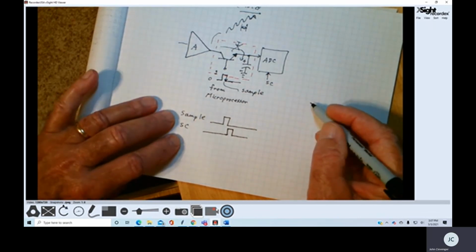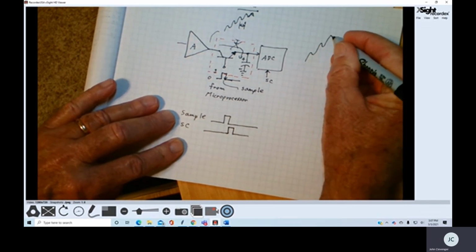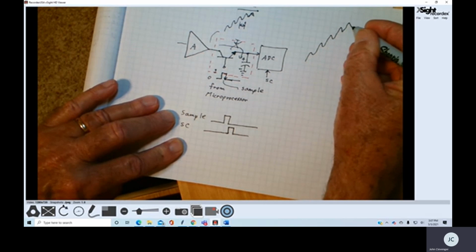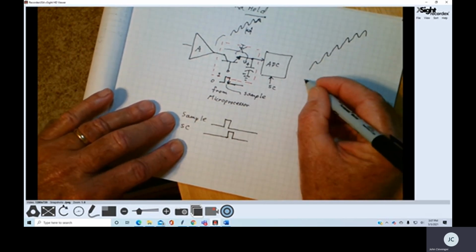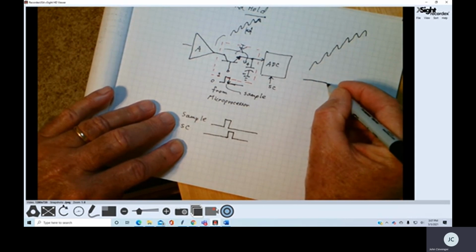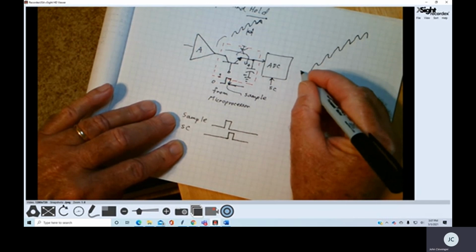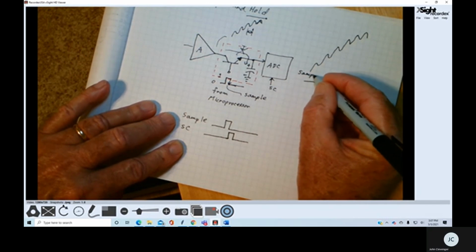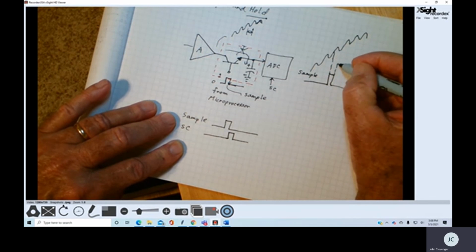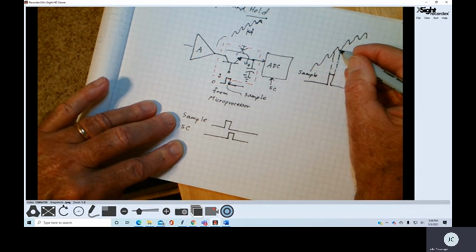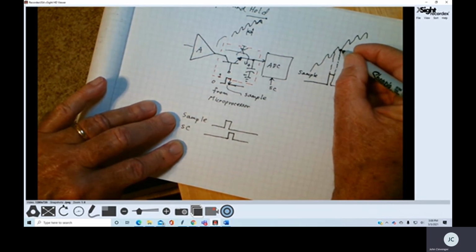So what's going to happen is that if we look at this signal, I'll sketch this out right here. This is what's coming into my sample and hold circuit. If I sample it right here, so this is my sample signal, then it's this voltage right here that's going to be held on the capacitor.